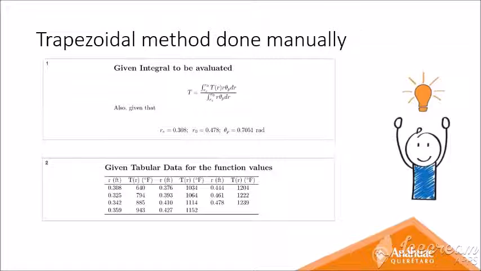In the method by hand, the first step we take is the given integral to be evaluated. As we can see, this is the integral and this is the angle that we have to consider. The second step to perform is the given tabular data for the function values. This is the table that the problem gives us with its corresponding values.